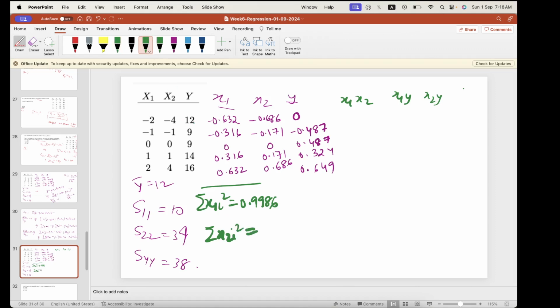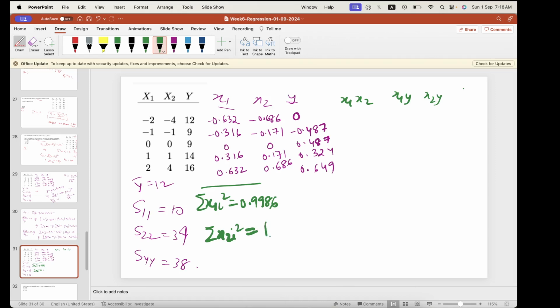Okay, summation x2i square is equal to 0.686 square plus 0.171 square plus 0.171 square plus 0.686 square. So this is actually 0.9996, or I could just write it as 1.